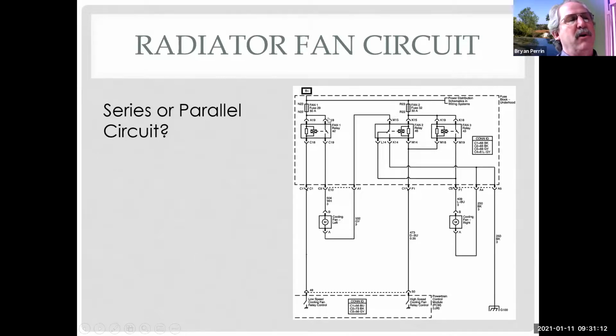So now I have power going all the way to here. When we turn the relay on, the switch closes, and now power is able to come down to the cooling fan. So with relays we allow something like a module, in this case a powertrain control module, to use a small amount of current to turn on something that uses a lot of current.